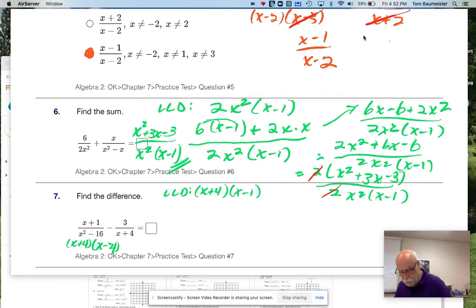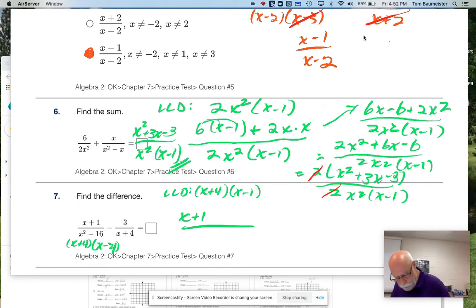So on the first one there, well, I have both of them on the bottom already. So it's just going to be the x plus 1. And then on the second one there, I have an x plus 4 on the bottom. I don't have an x minus 4.